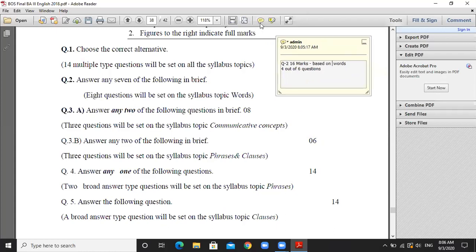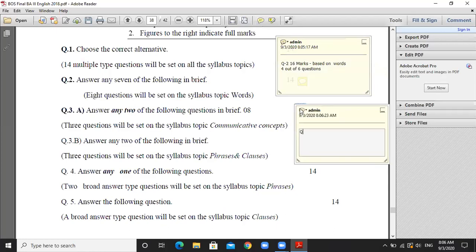Then question number 3. Question number 3 will be for short answer questions, 12 marks, 2 out of 4.